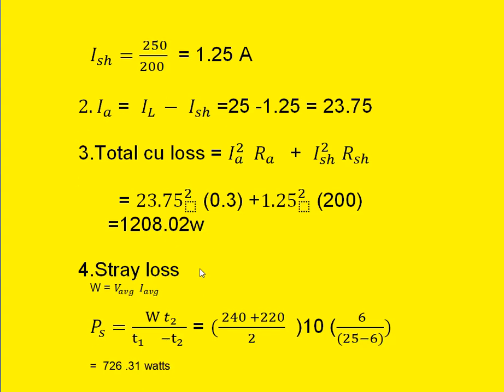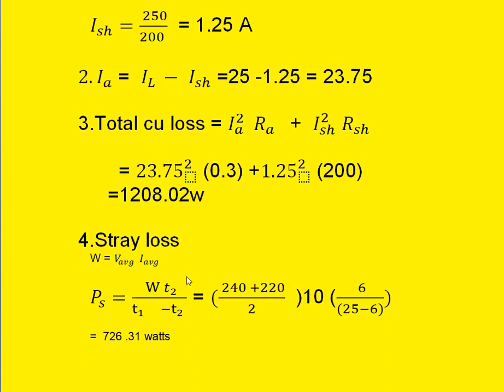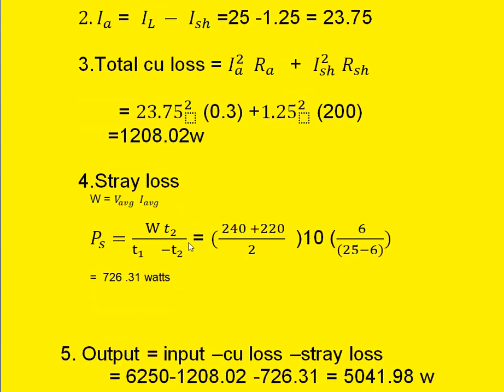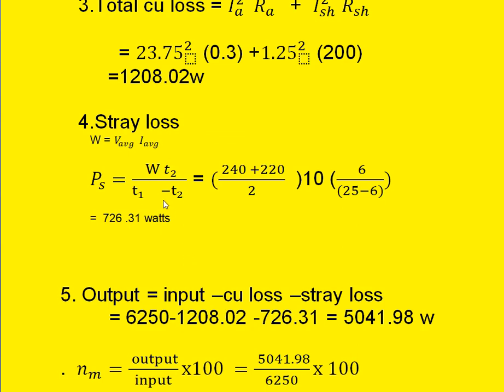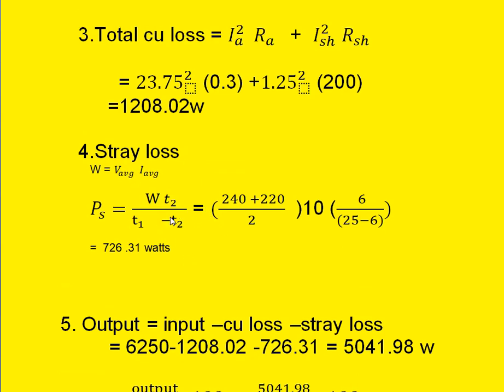If you know the retardation test, then only you can calculate further steps. So look at this, stray loss. Stray loss is nothing but W into T2 divided by T1 minus T2. This W is nothing but V average and I average.